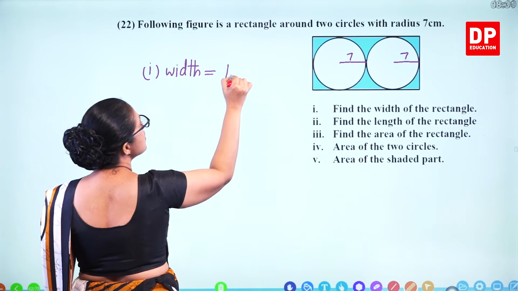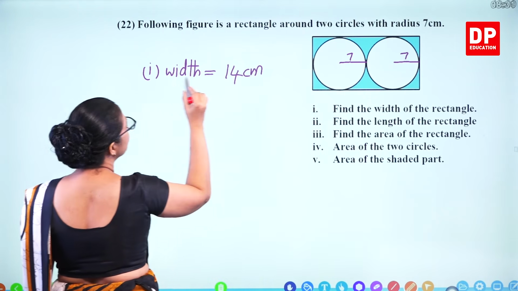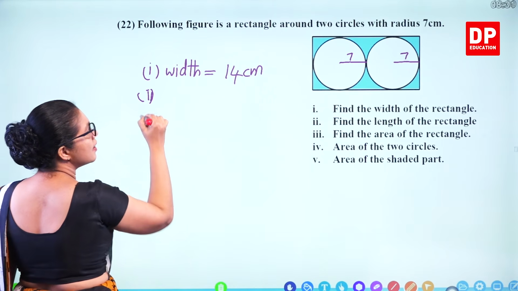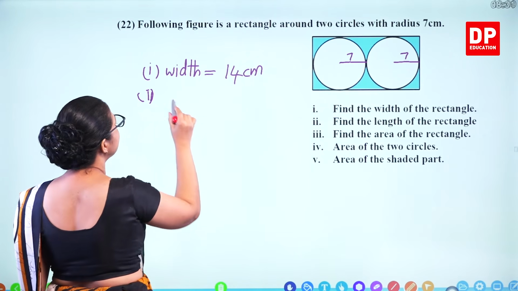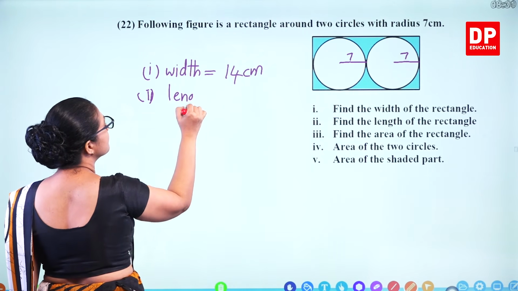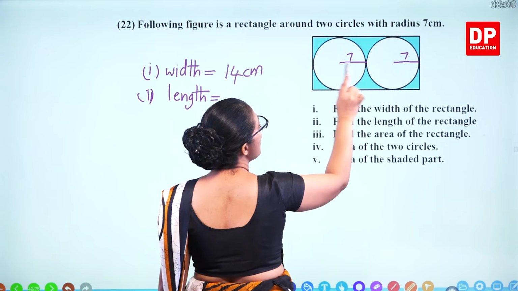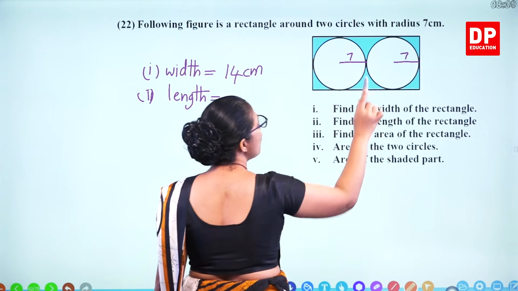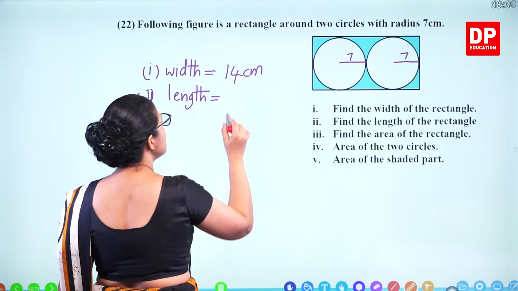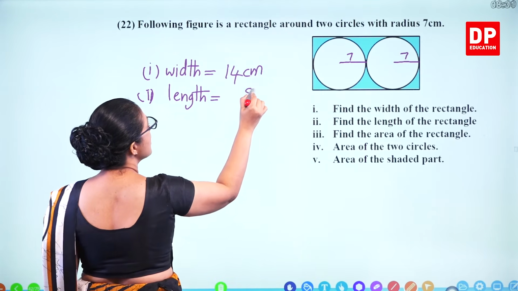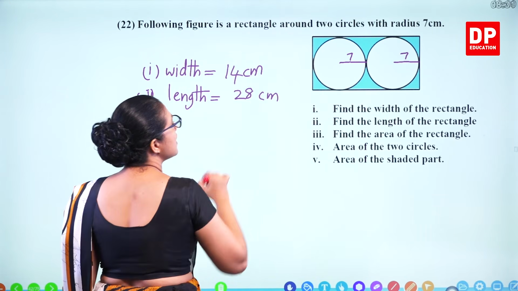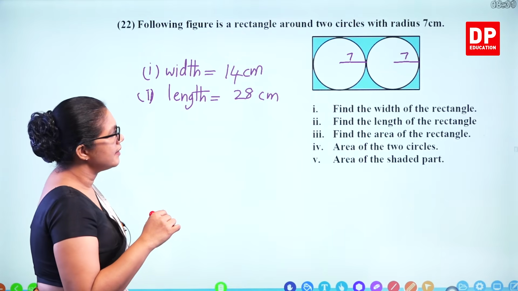That's 14 centimeters. What's the length of the rectangle? Here, this diameter is 14 and another 14. 14 plus 14, you get 28. That's the length of the rectangle.